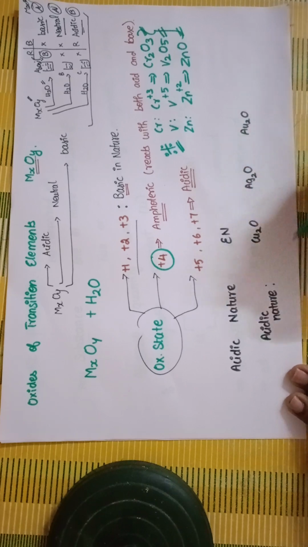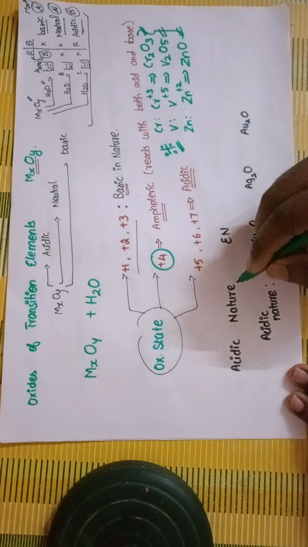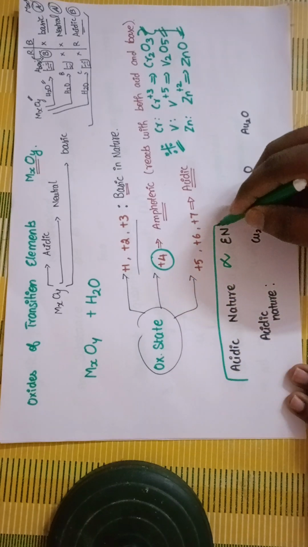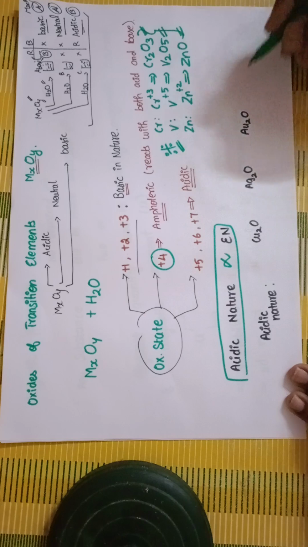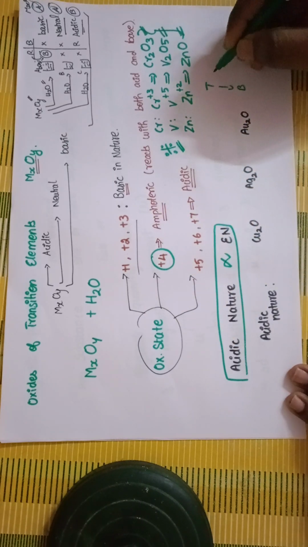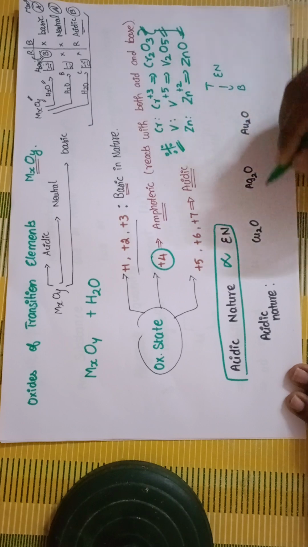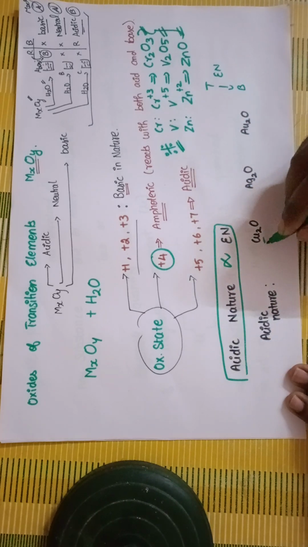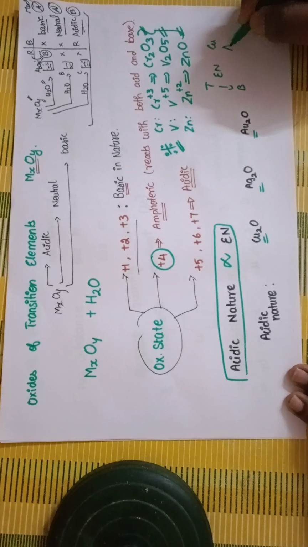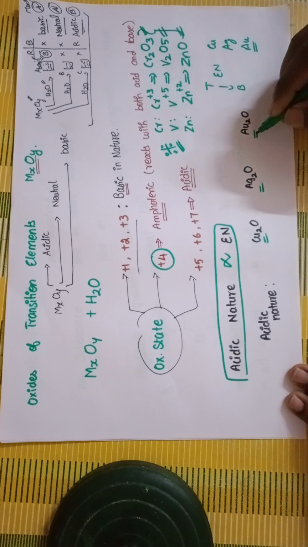And the next variation: the acidic nature of a metal oxide is directly proportional to electronegativity. If electronegativity increases, acidic nature also increases. In the periodic table, from top to bottom in the d-block series, electronegativity increases. Copper, silver and gold belong to the same group, so gold will have the higher electronegativity.